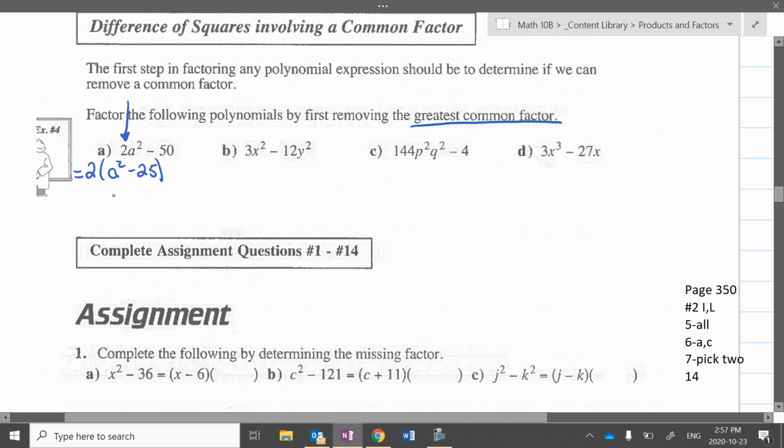And now I'm left with a difference of squares. So now I can factor this further. Your final answer is always your fully factored version. Second example, I can factor out the 3. And so on. And that's it.